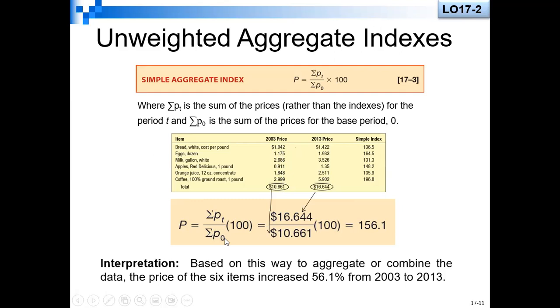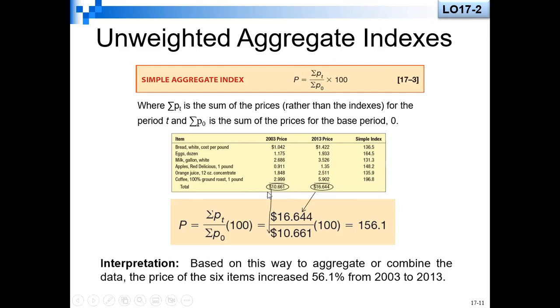P sub 0 is the price at the base, and here 2003 is the base. You add up the prices. For example, you bought 1 pound of bread at $1.04 in 2003, and in 2013, the same 1 pound of bread you bought for $1.42.